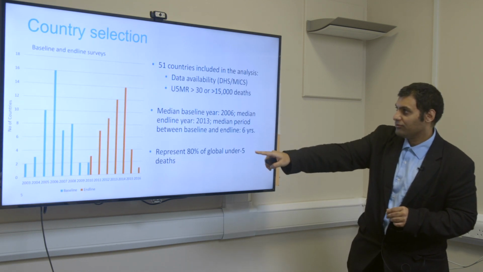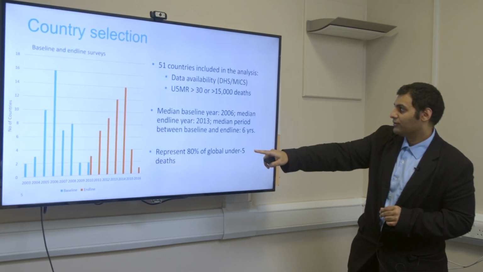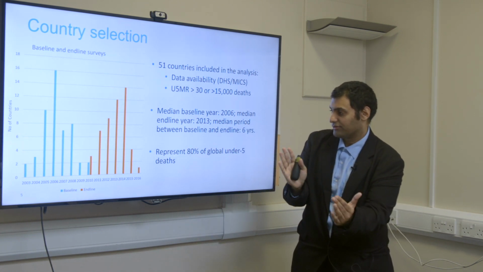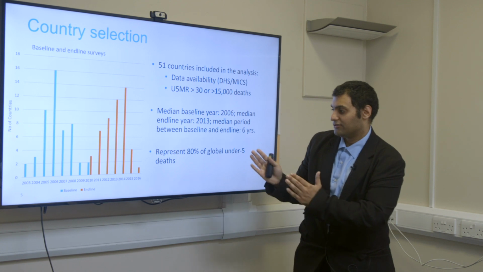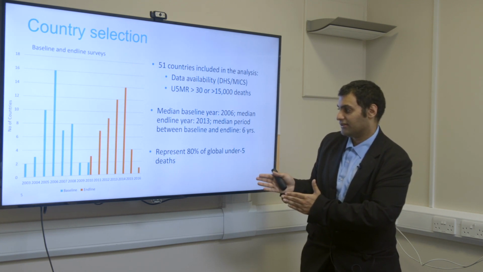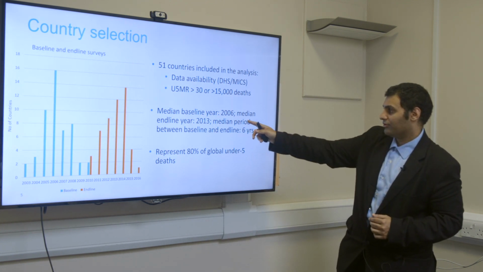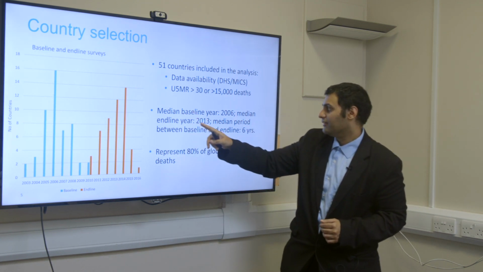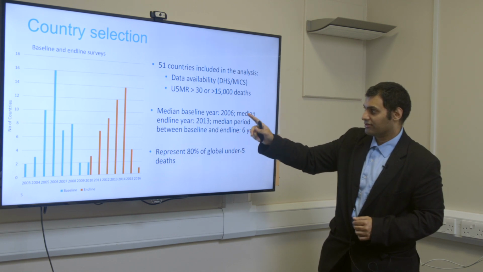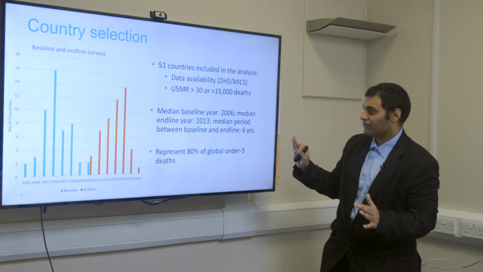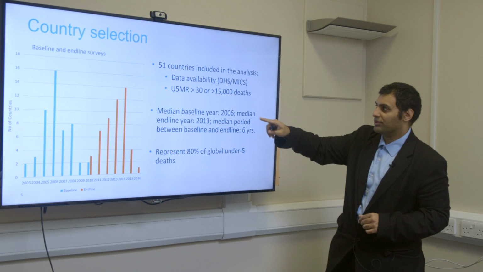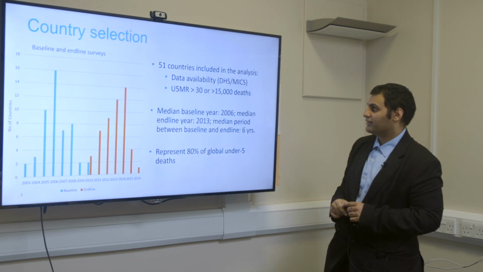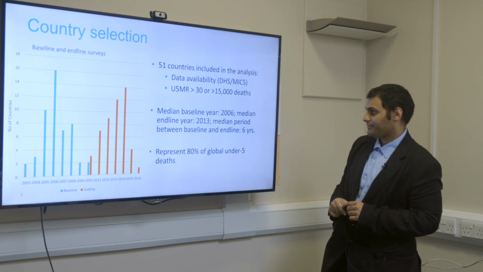The time frames we're looking at are 2003 to 2010 as the first trend, and 2010 to 2016 as the second. The median baseline year is 2006, and the median endline year is 2013. We're comparing the surveys of 51 countries globally, which had data availability on DHS or MICS, to provide this analysis.